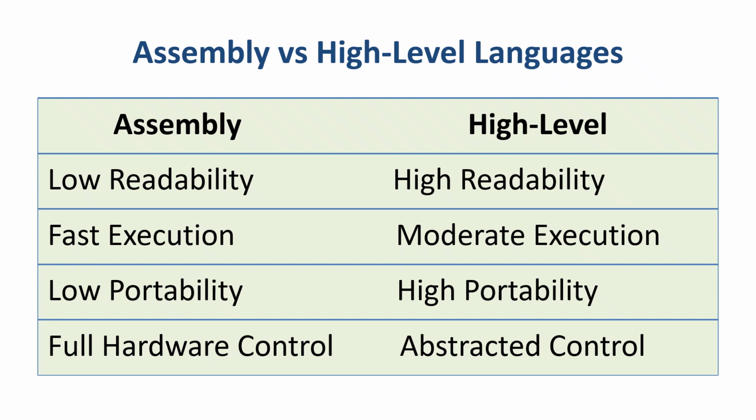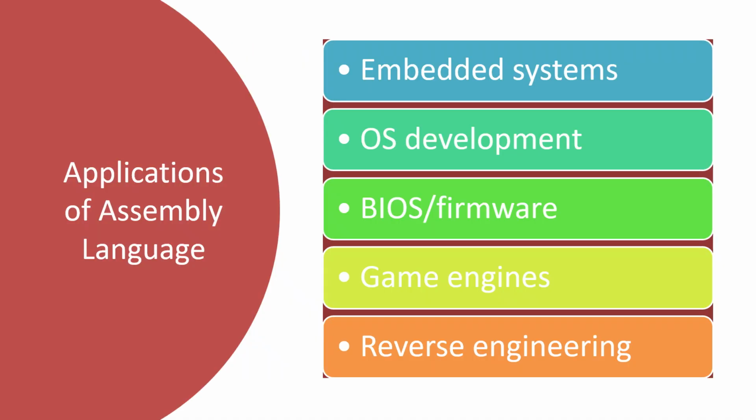Assembly language is widely used in systems where performance and hardware control are critical. It is essential in embedded systems where low-level programming ensures efficiency. In operating system development, it enables direct interaction with the hardware components.